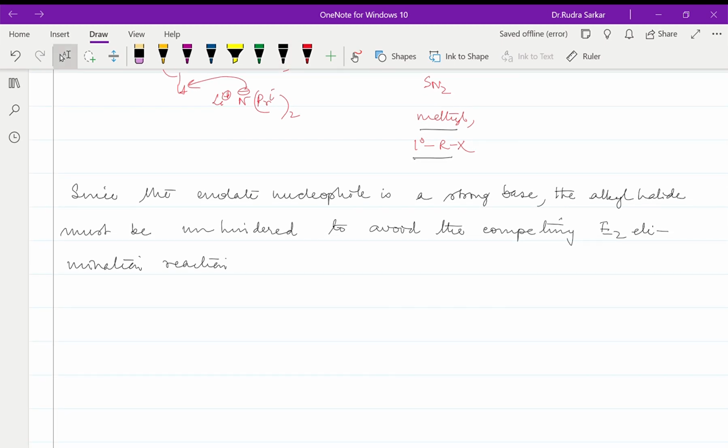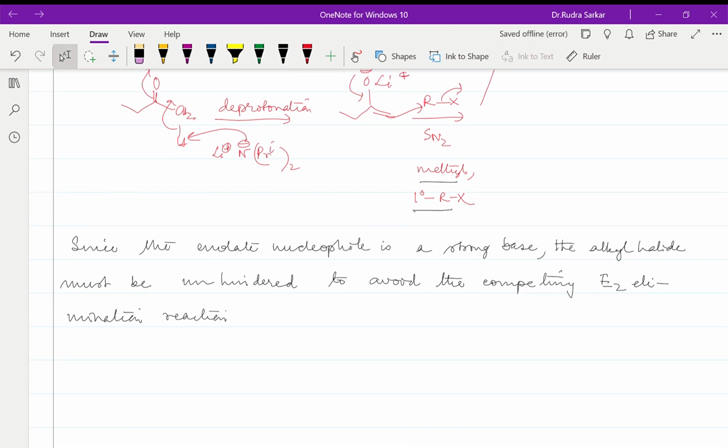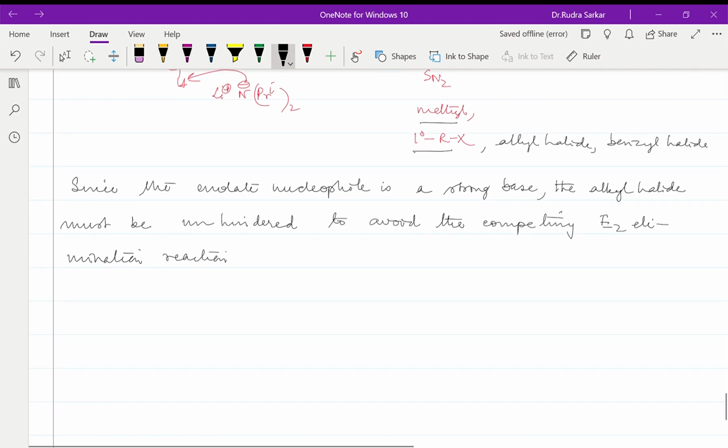So it is better to use methyl halide or 1-degree alkyl halide or an allyl halide or benzyl halide as substrates.